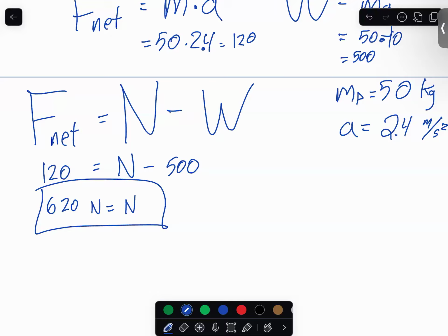Is it the downward direction? That's true. Yes, the initial velocity is downward. Zero minus negative 12 is a positive number.